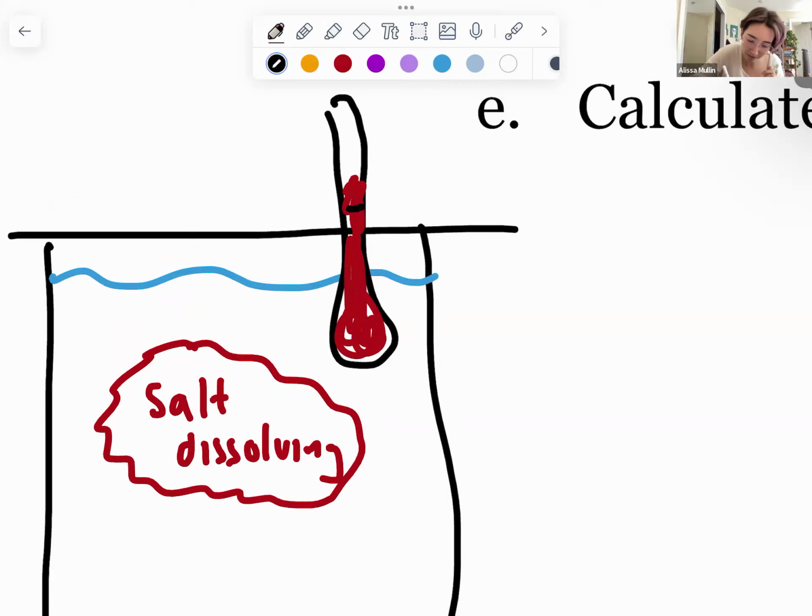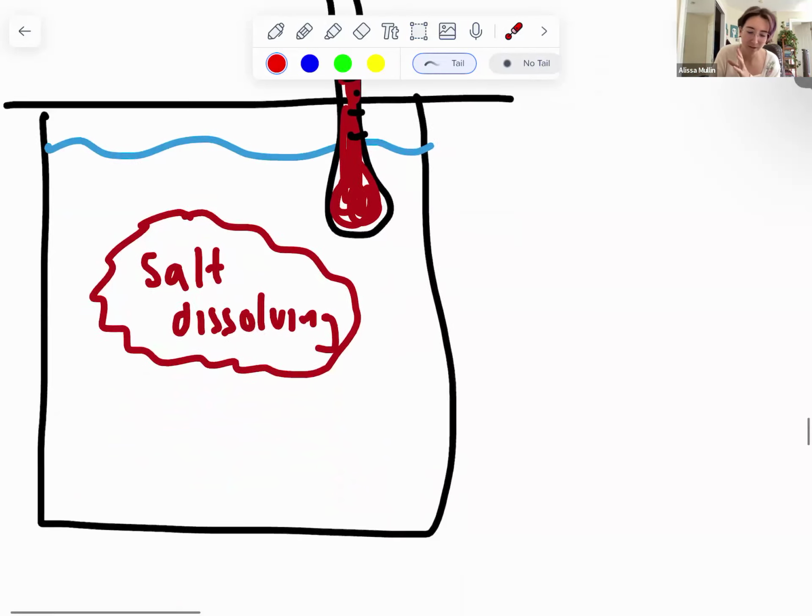You're not measuring the temperature of the ions on their own, or the reaction on its own. The only thing we're able to measure is the water. Some people would contextualize that as measuring the surroundings, so the water is our surroundings telling us about our system, which would be the reaction.